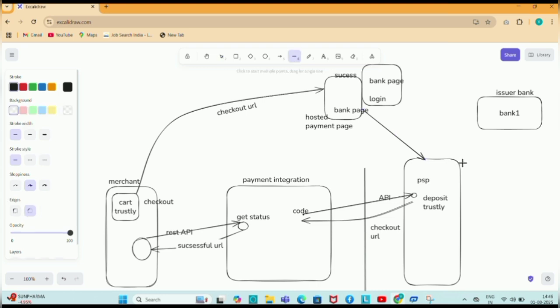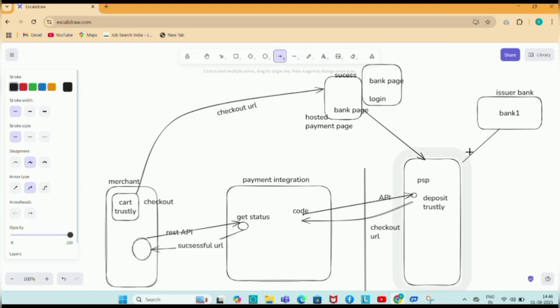The hosted payment page and Trustly page both interact with the bank page.